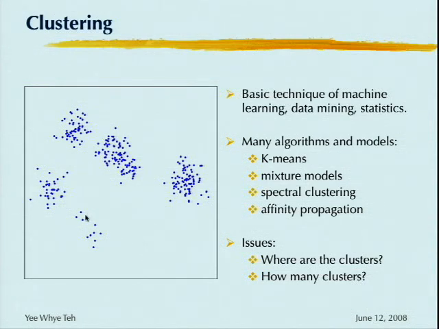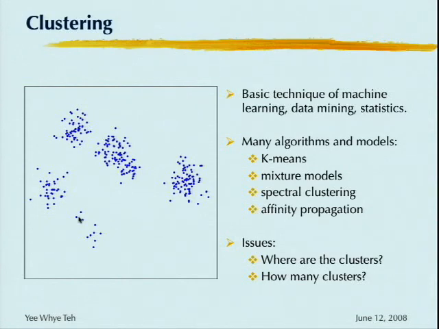For example, in this case maybe you might think there are 5 clusters, but if in the future you see more and more data points, and you see that there are lots of data points in here, and lots of data points in here, and there's some sort of margin in between the two, then you might think that maybe it's not 5 clusters, maybe it's 6 clusters. This is a question of model selection. How do you select the right size of your clustering model to explain your data well?